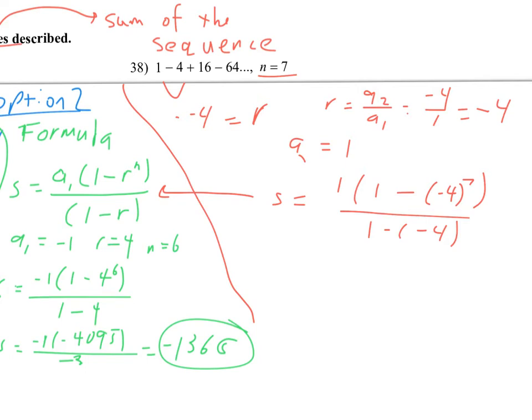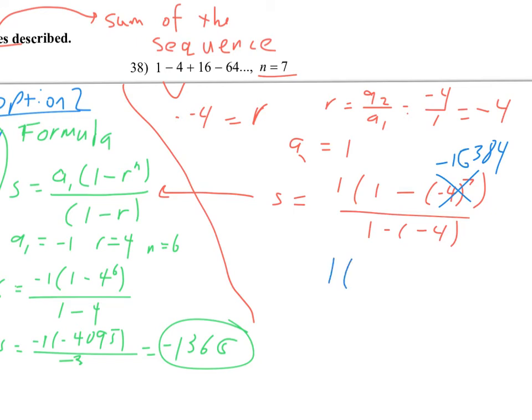So let's go ahead and do that. Negative 4 to the 7th power is negative 16,384. Okay, and then now it's minus minus, and we can change that to plus plus.